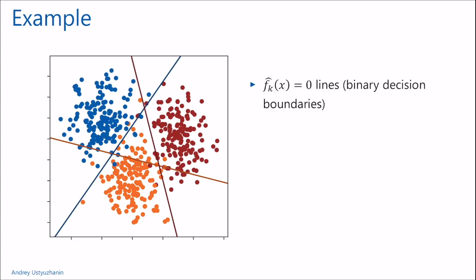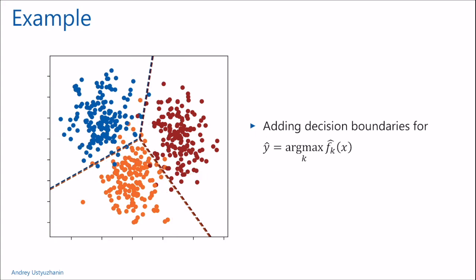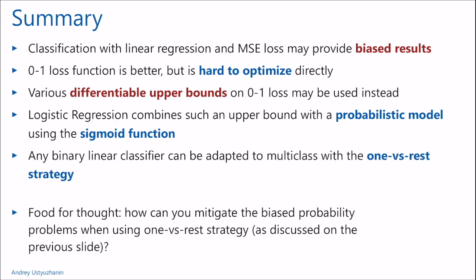If we combine those binary decision boundaries, we get something like this, and we can define the decision boundary by solving this argmax problem, which is quite natural for this scenario. And we get the final decision for this problem. Okay, this was basically all I wanted to mention during this episode.